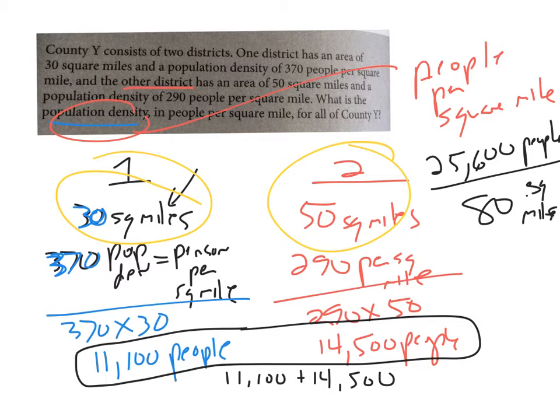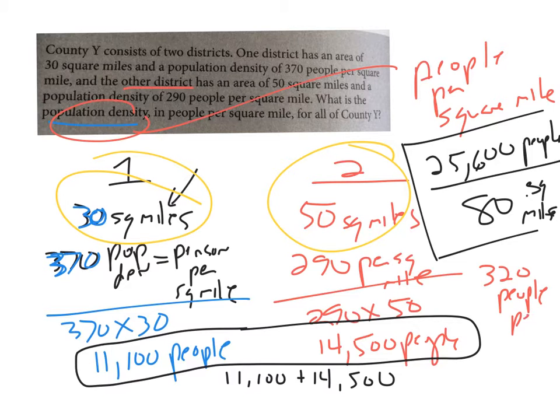So the population density is going to be this 25,600 divided by 80. And if you do that division, you get 320 people per square mile. And that's what the population density represents. So here, this is a grid question. Your answer would be 320.